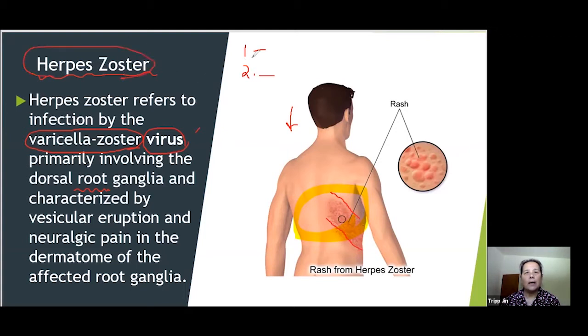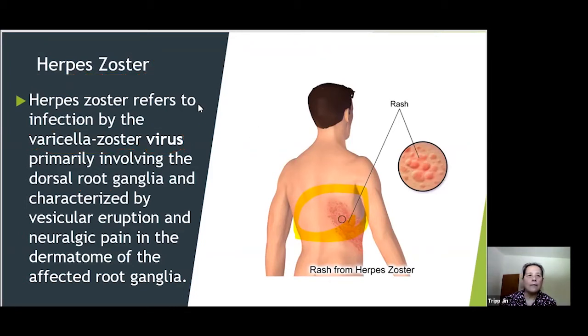So now we are not talking about the first infection, chickenpox. That part you may learn in your pediatric class or children's class. Now we're talking about the second infection here, herpes.